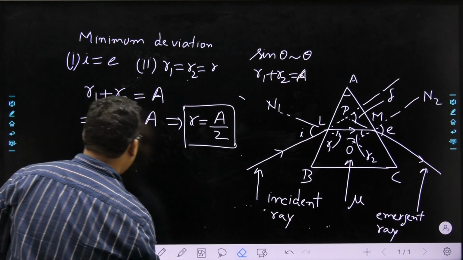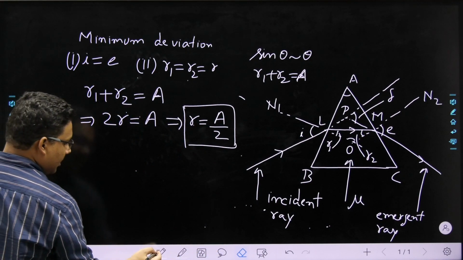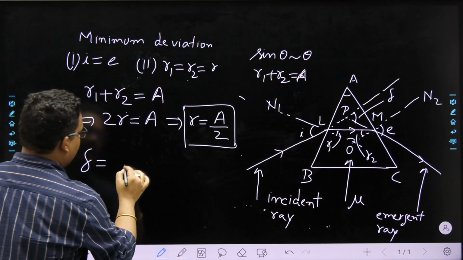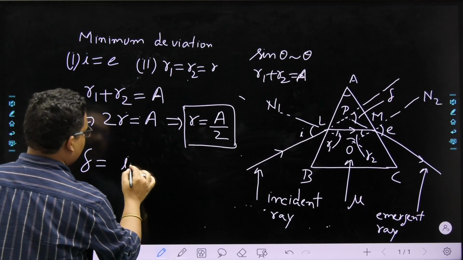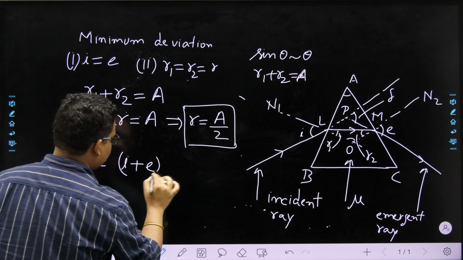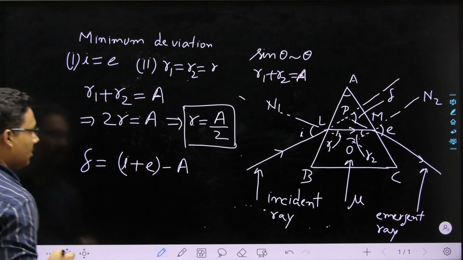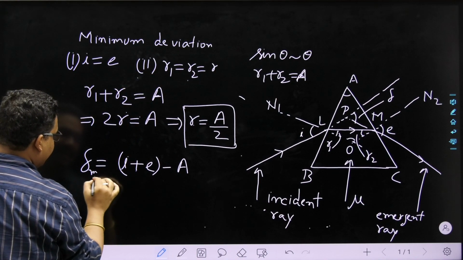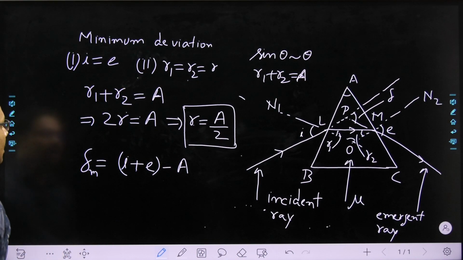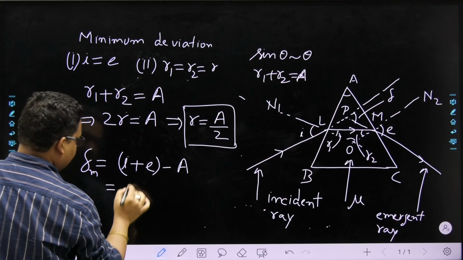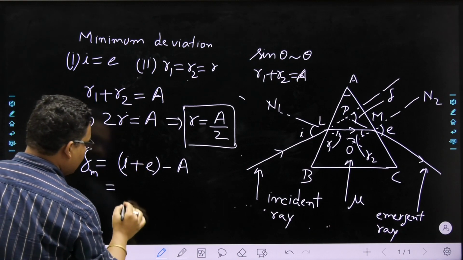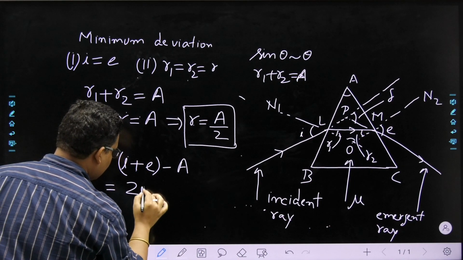Next, what will happen with the angle of incidence? Now, we know that delta is equal to i plus e minus A. Here, because of minimum deviation, we will write delta m, delta minimum. Now, this i is equal to e, so in place of e we can write i. So i plus i becomes 2i.